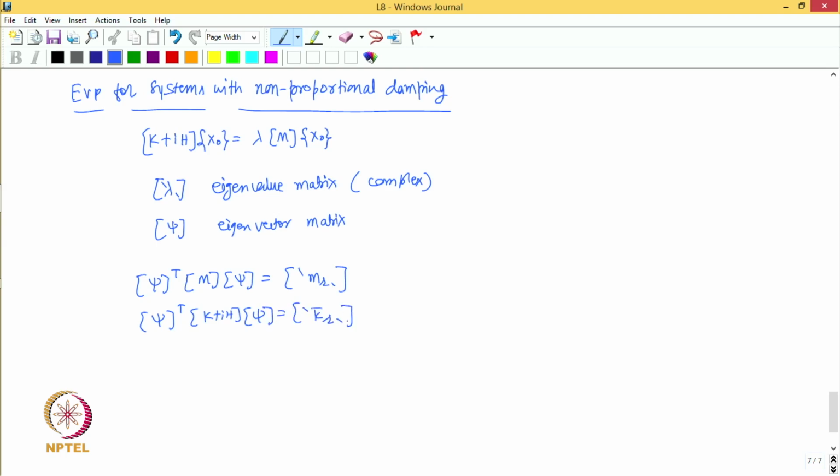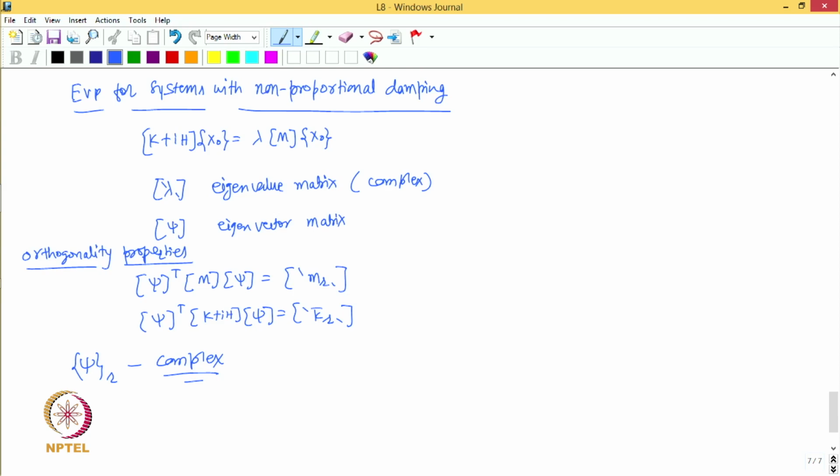So, these are still true, the orthogonality properties, right. However, now one difference which occurs as compared to the case of proportional damping is that the modes, the eigenvectors, are now complex.